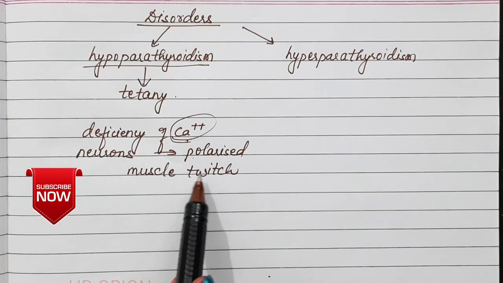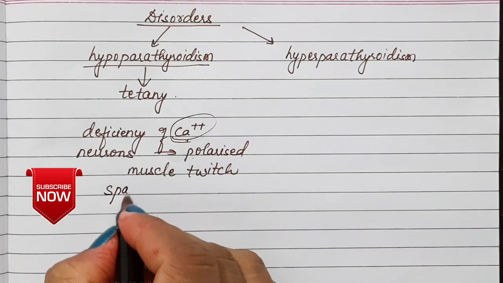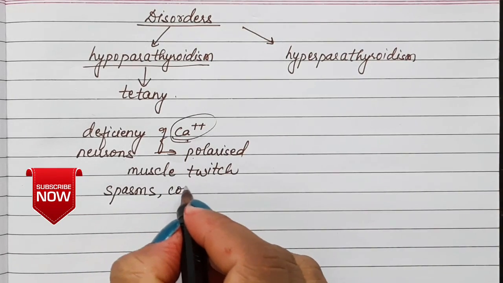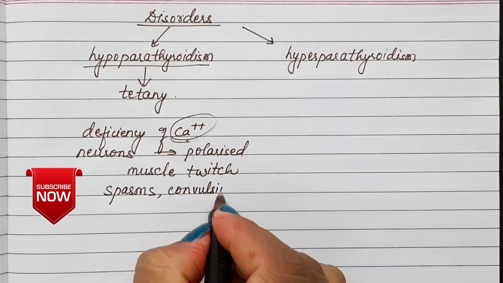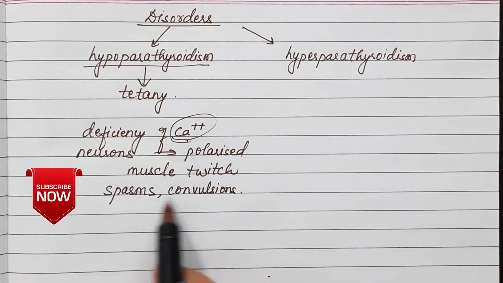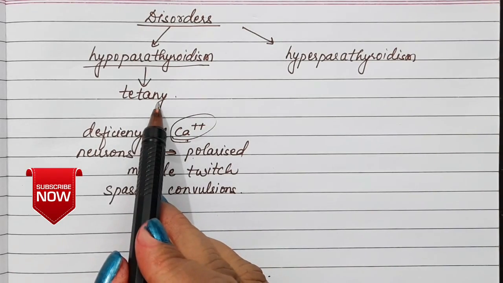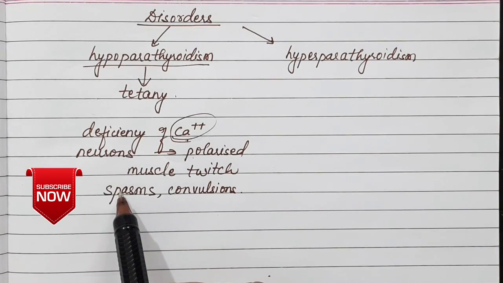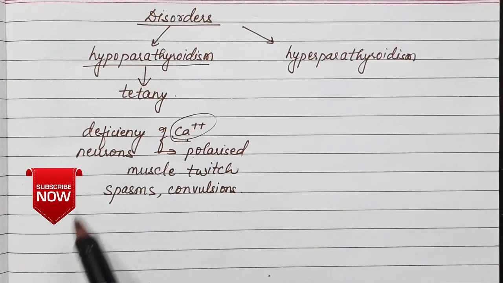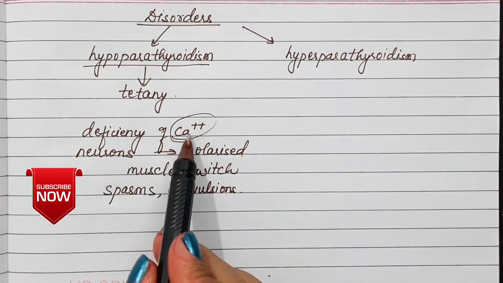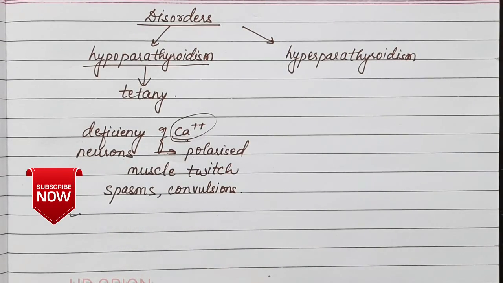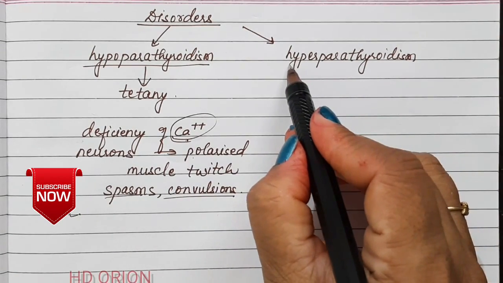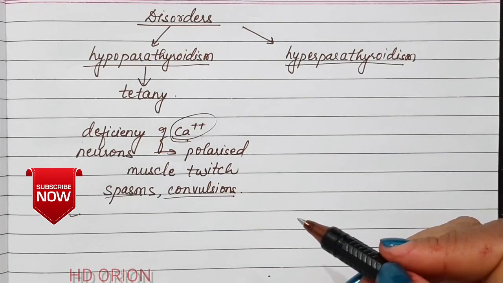This continuous contraction causes spasms and convulsions, especially in the hands and legs, and these spasms and convulsions are called tetany. So it is due to the deficiency of parathormone, and this causes deficiency of calcium, leading to these consequences in the hands and legs, which is convulsions. So this is hypoparathyroidism.